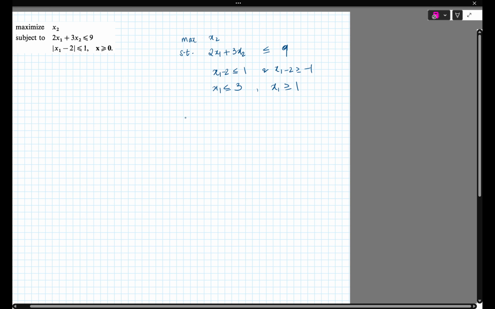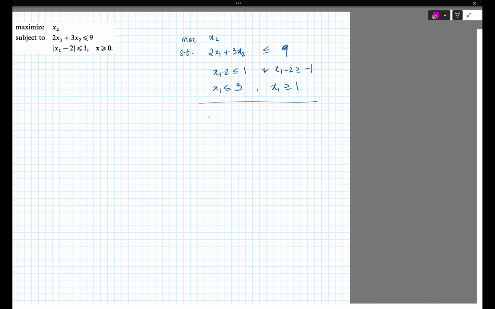Now we will add slack, surplus and artificial variables. X1 plus x4 equal to 3. X1 minus x5 plus x6 equal to 1.